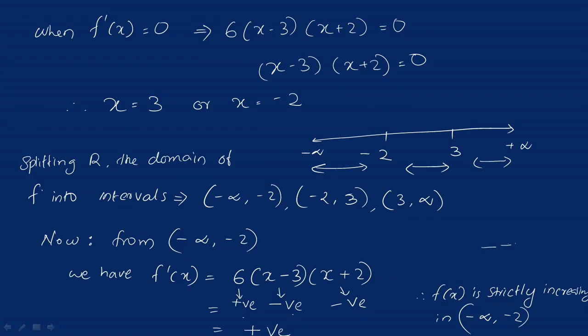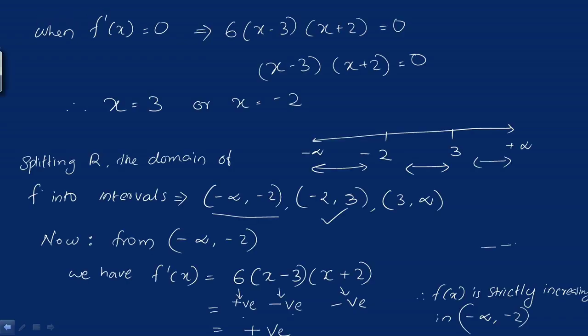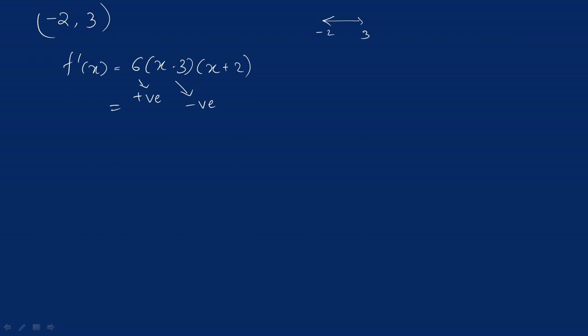Now we will consider the next interval, that is −2 to 3. Again f'(x) = 6(x − 3)(x + 2). 6 is a positive quantity. Now putting a value of x between −2 and 3, x − 3 gives a negative quantity.